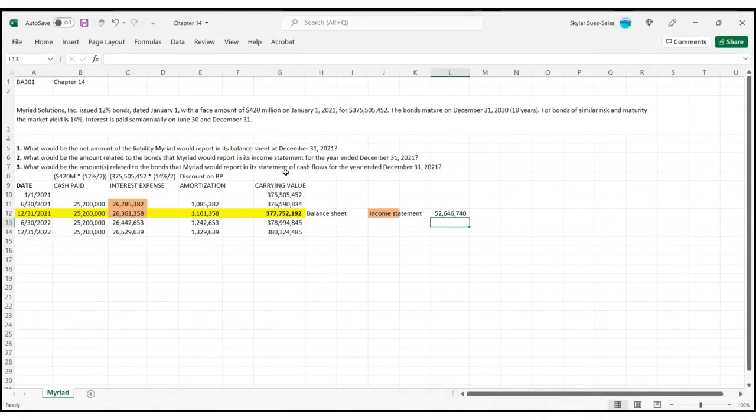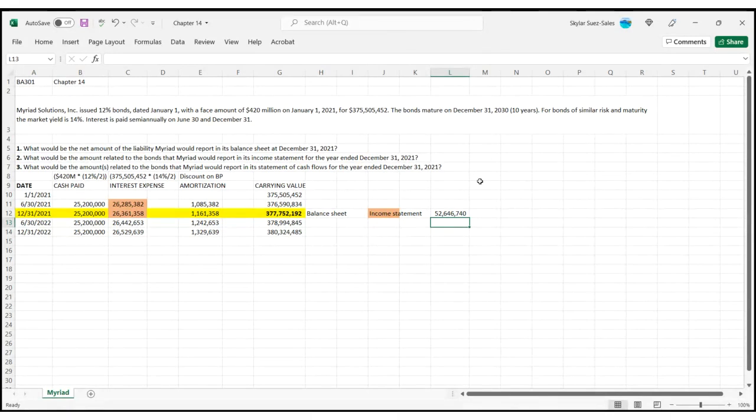Number 3, what would be the amount related to the bonds that Myria would report in its statement of cash flows for the year ended December 31st, 2021? Well, first of all, if you recall, in the statement of cash flows we have 3 different activities: operating, investing, and financing.